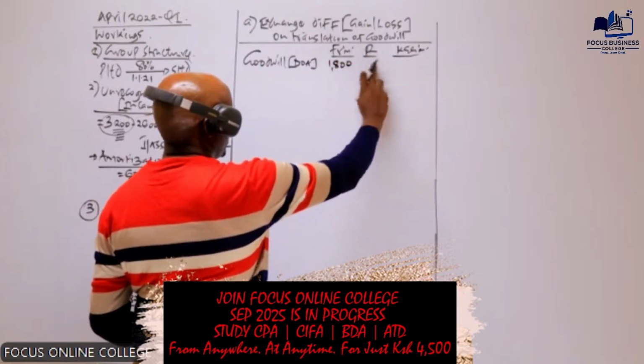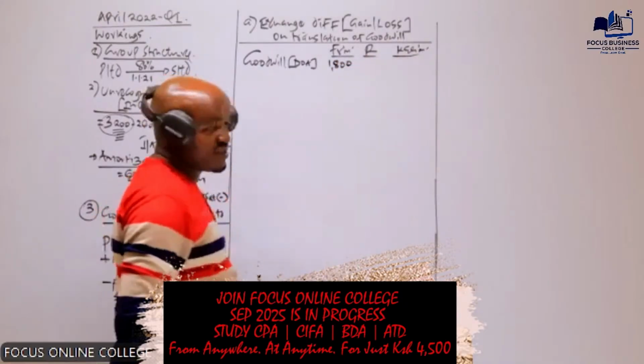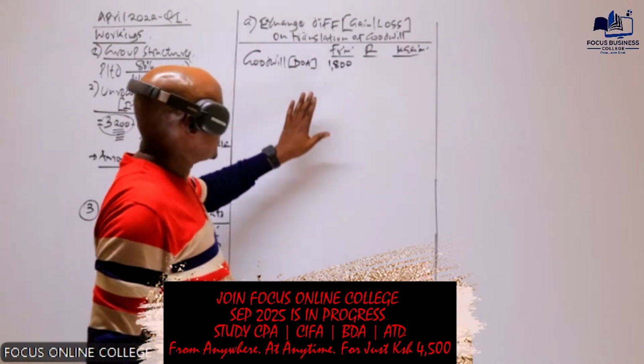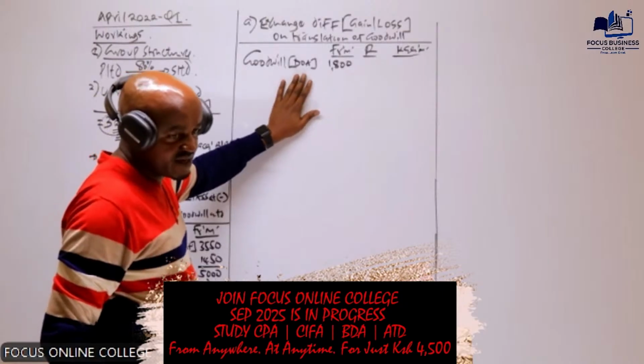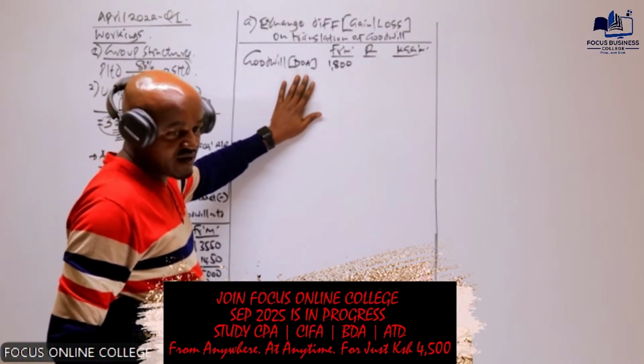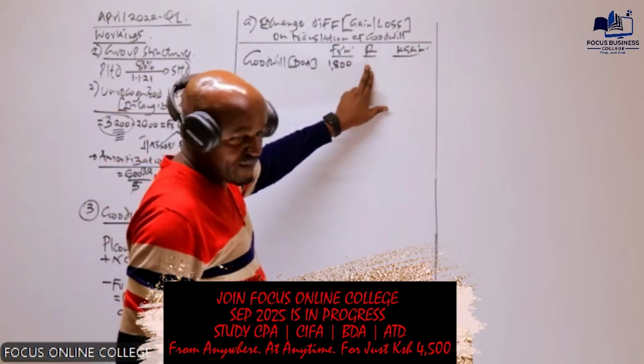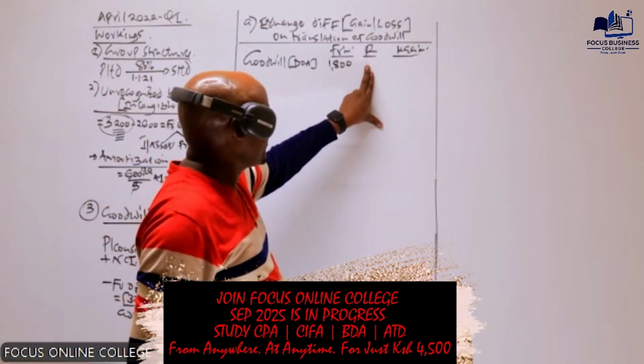So we translate this into Kenyan shillings using which exchange rate? Remember, this is the goodwill on the date of acquisition, 1st January 2021. So we translate this using the opening exchange rate.